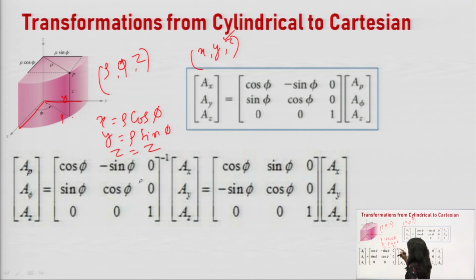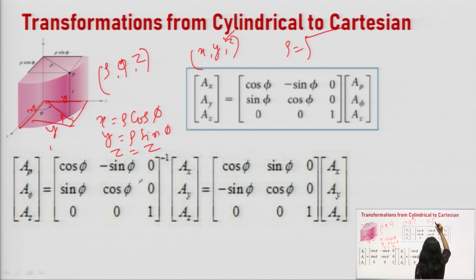Now suppose x, y, z is provided to us and we need to find rho, phi, z, then what to do? See, this is x and this is y. Then this is rho, and rho can be written as the square root of x square plus y square, because rho is the hypotenuse, x is the base and y is the perpendicular distance.